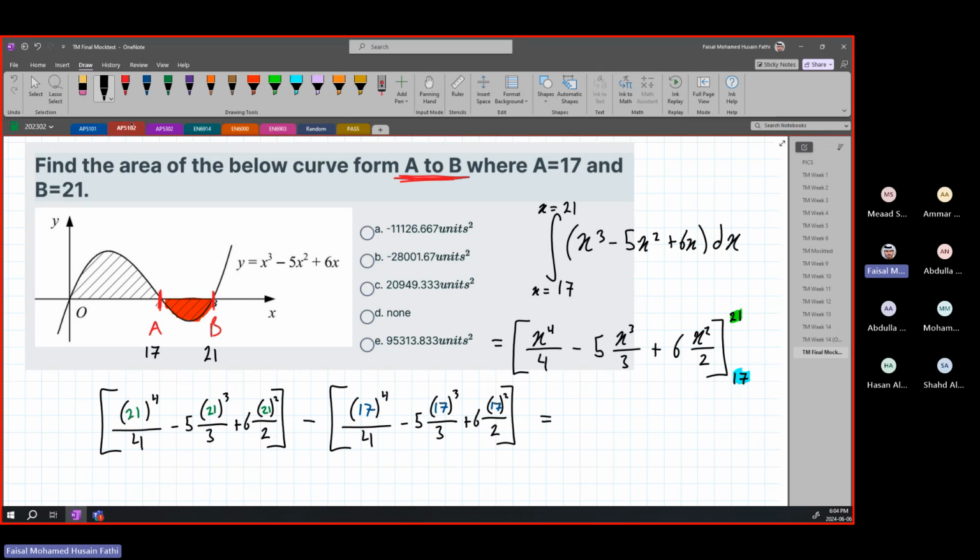So the first part of it is 34508.25 minus, I would usually do it that way as well.